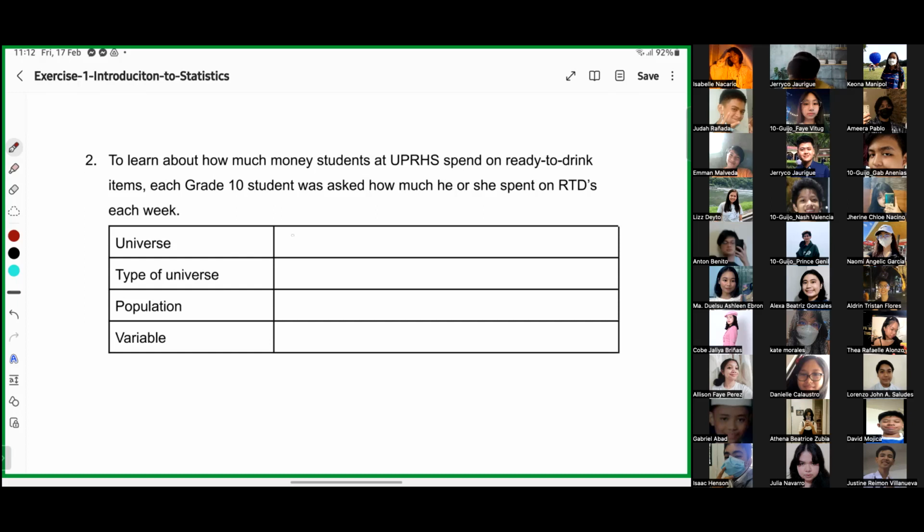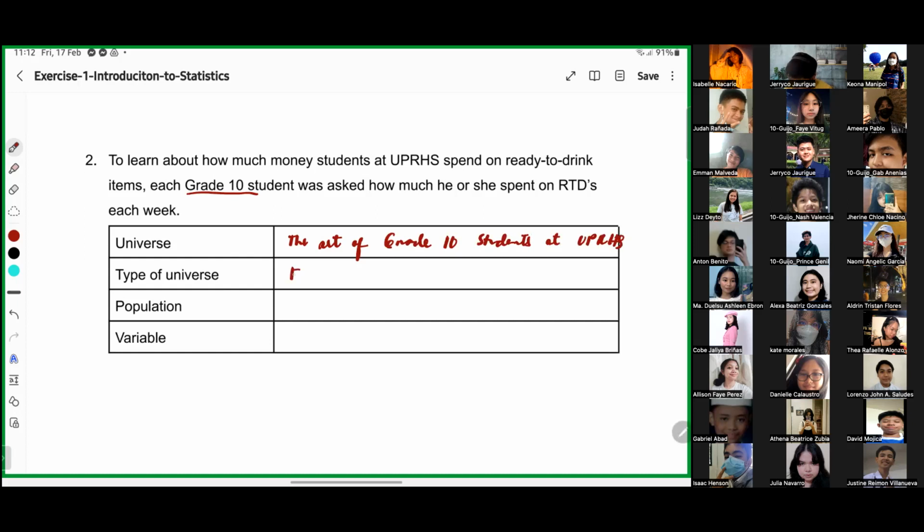The set of grade 10 students at UPRHS. Alright, what's next? Yung type po ay finite.